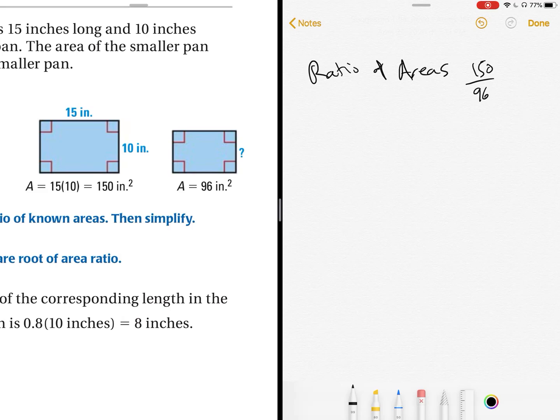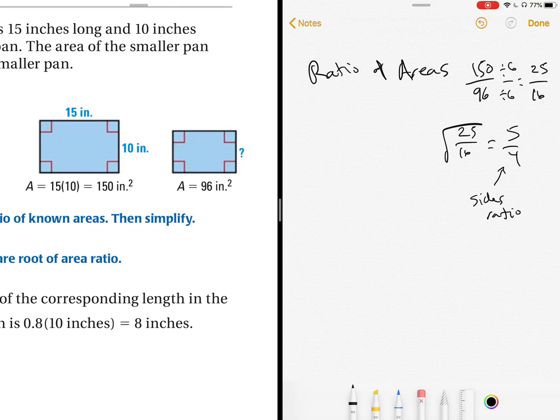So these can both be divided by 6. If I divide by 6, then it's going to be 25 over 16, and those are both numbers that I can square root very easily, right? So now it's 5 to 4. And so 5 to 4 would be my sides ratio.